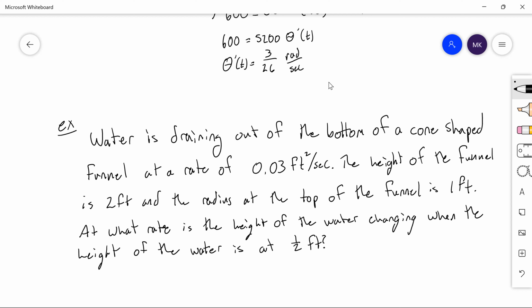So what we have here is water draining out of this cone-shaped funnel at a rate of 0.03 cubic feet per second, since we're draining out volume of water.